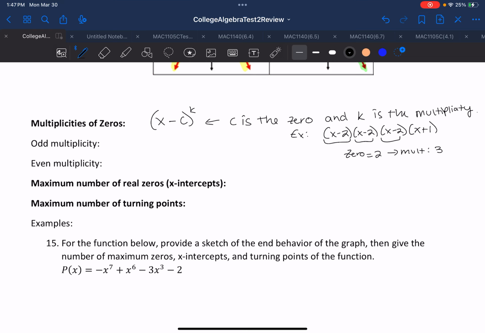Okay, so if we have an odd multiplicity, the 0 of that factor will cross the x-axis.